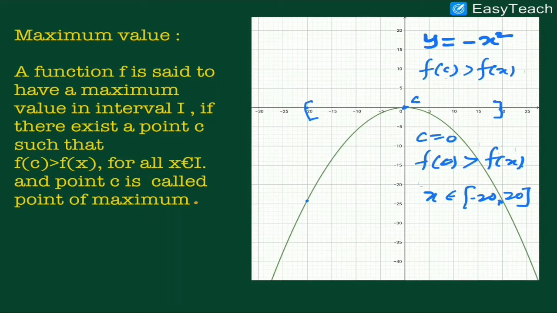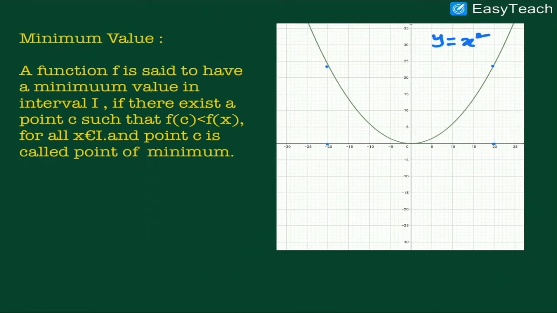Therefore the point c equals 0 is called the point of maxima. And the maximum value of the function we get after putting the value 0 in the function: f(0) is equal to minus 0 square, which is equal to 0. So the maximum value of the function is 0 at the point 0.